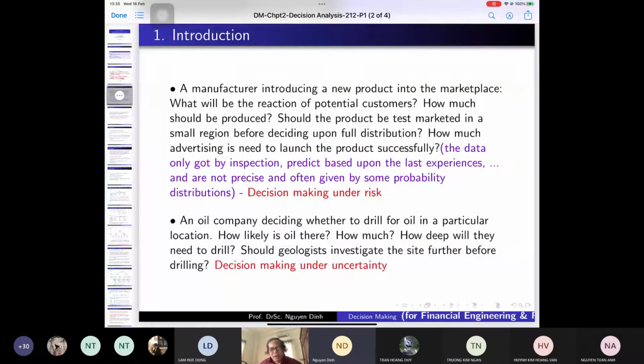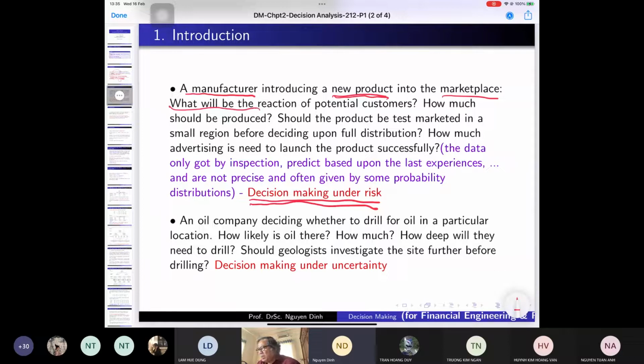Another situation where your decision will be made is what we call decision making at risk. Look here. An example is this: a manufacturer, that means a factory or company, introduces a new product into the marketplace.